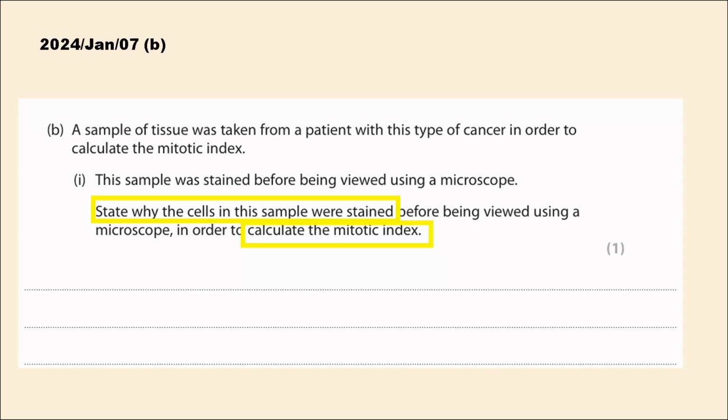The next question is from the 2024 January paper. Here a sample of tissue was taken from a patient with this type of cancer. Previously they have explained about the cancer. In order to calculate the mitotic index, this sample was stained before being viewed using a microscope, and the question is to state why the cells in this sample were stained before being viewed using a microscope in order to calculate the mitotic index.